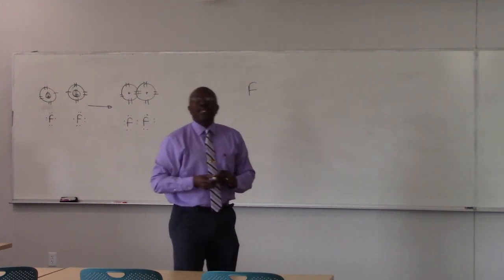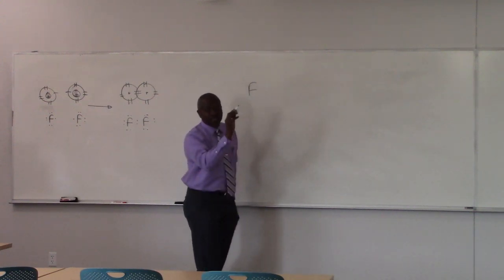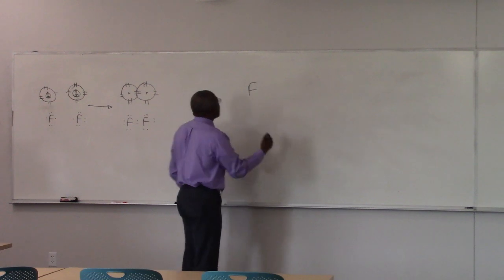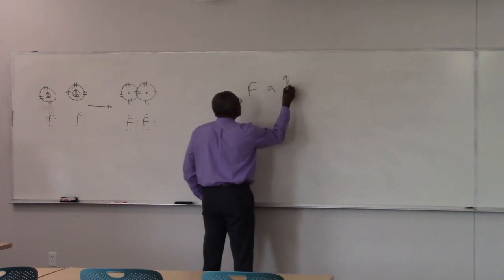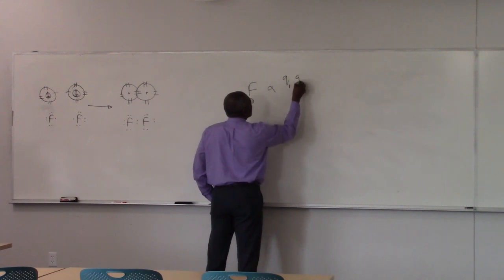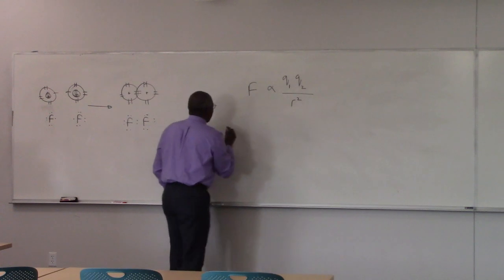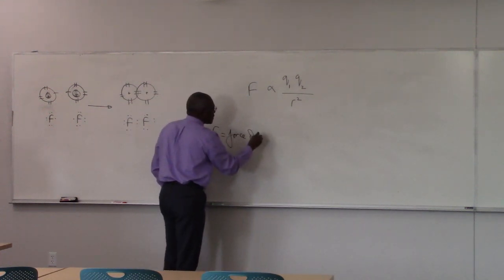Well, we wrote this inequality on the board a while back. The F is the force. So this is not fluorine, this is force, right? F is proportional to the charges on the species over R squared. So F is the force of interaction.